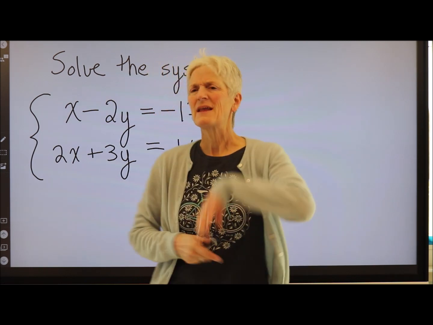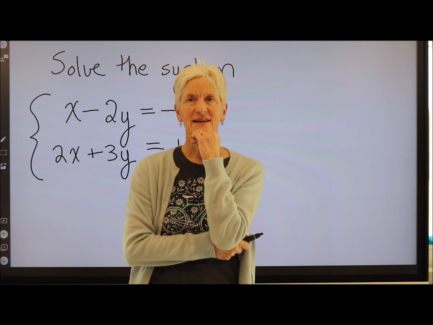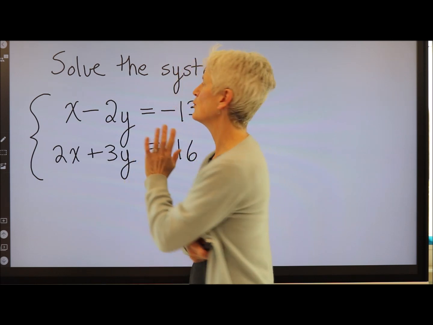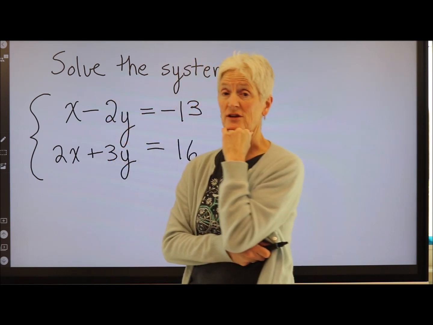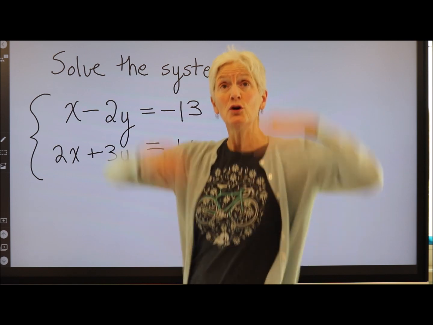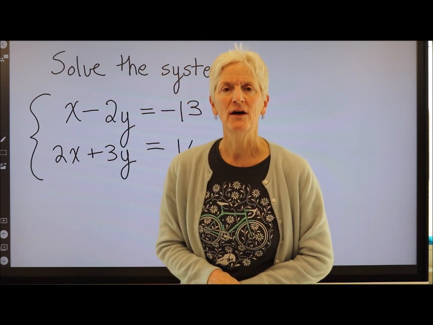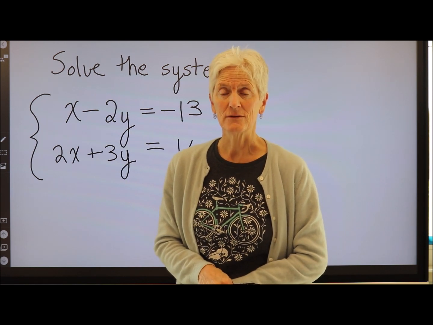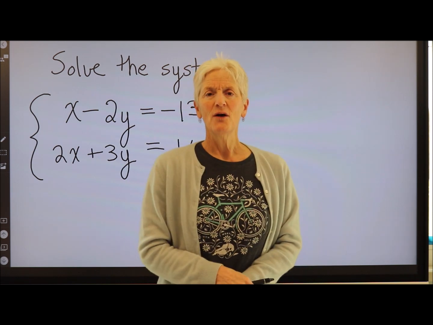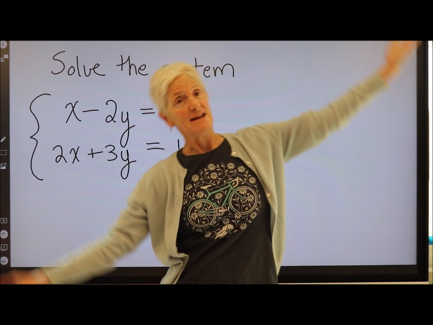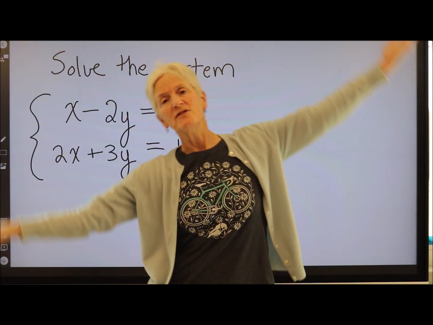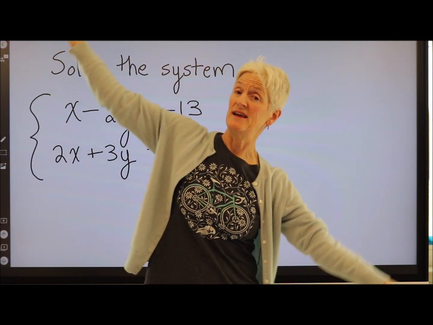But if I'm sneaky, I think I could rewrite one of these equations so that when I do add like terms up to down, I could get rid of one of the variables. Remember, with an equation, it's like a balance. You can do whatever you want to one side as long as you do it to the other side.